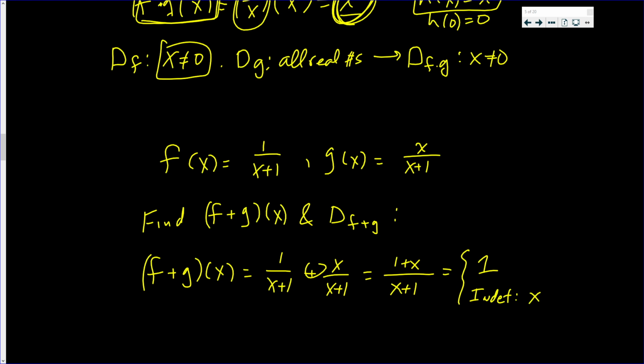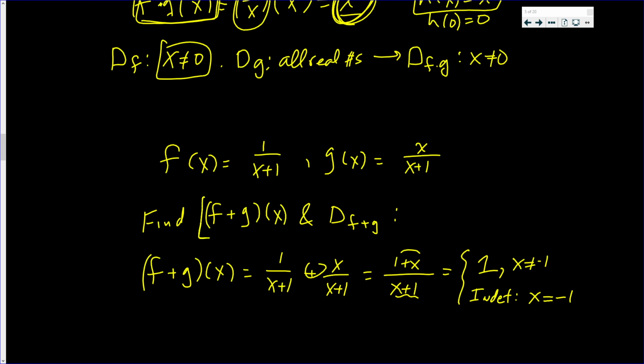It's indeterminate when x is negative 1, because that makes the top and the bottom 0. And it's 1 if x is not negative 1. Now that's what we get.